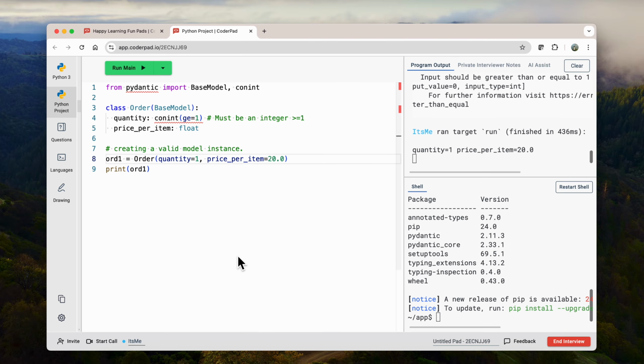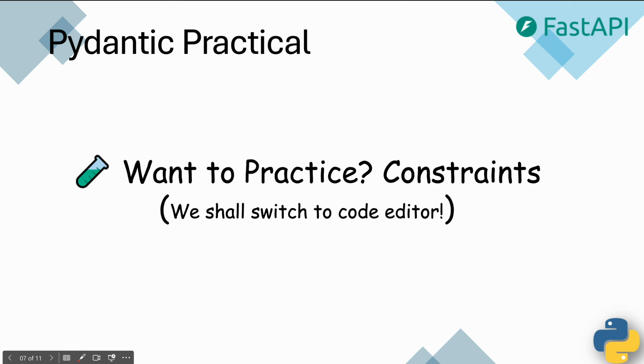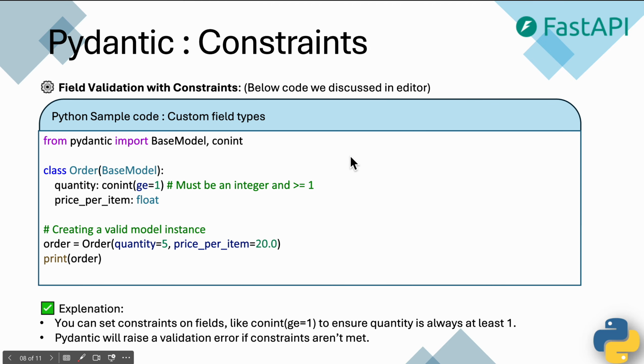Let's switch back to slide. Pydantic constraints. Explanation: you can set constraints on fields like conint with ge=1 to ensure quantity is always at least 1.